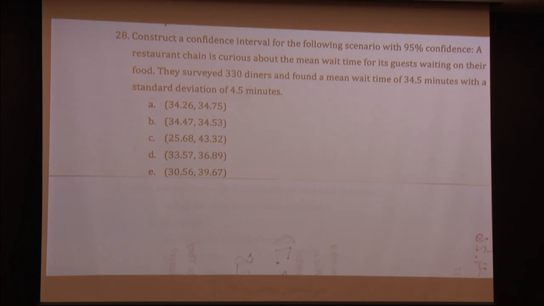So if we have 95% confidence, what's our alpha? So, what's our alpha level? 0.05.